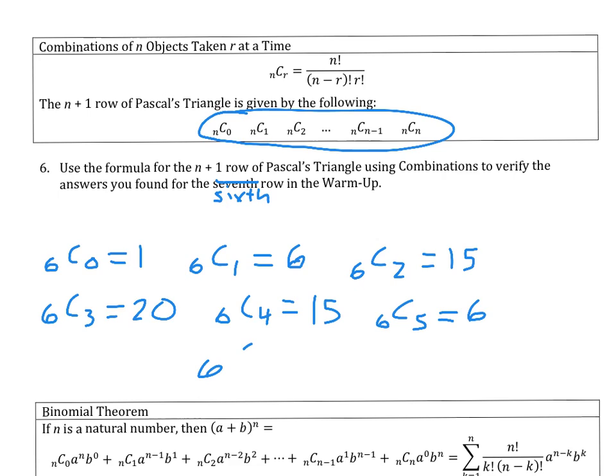And 6C6 is 1. So that's how you jump straight to a row without doing all the other rows.